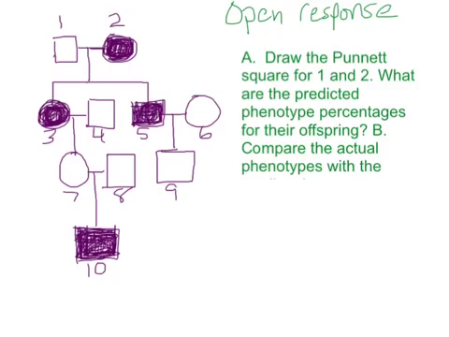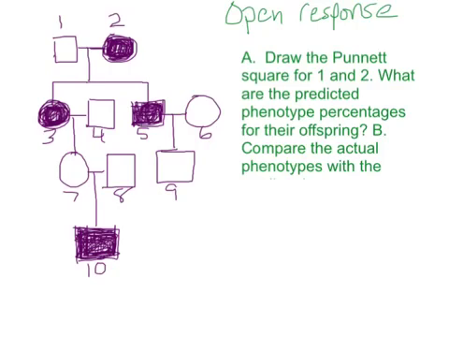You would do that, and you would see that their two offspring are actually homozygous recessive, but their possible offspring would also include some heterozygous. So you would compare the possible percentages with what actually happened.